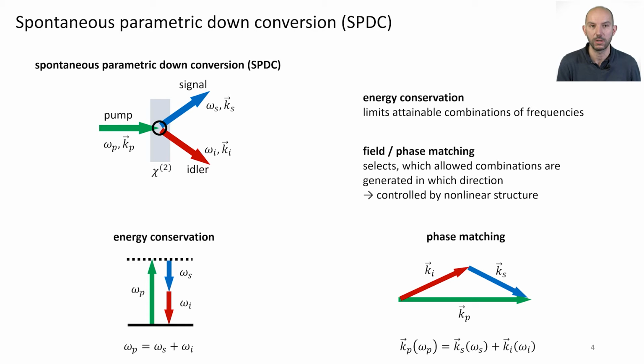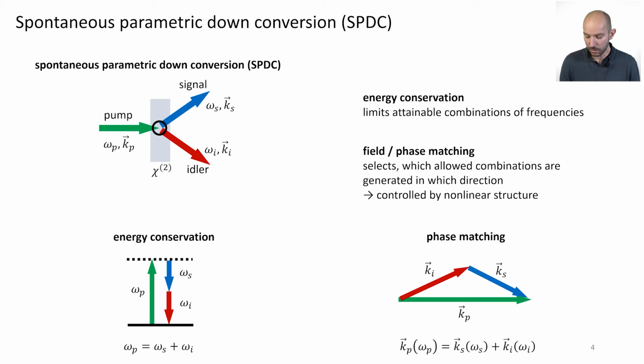Energy conservation always has to be fulfilled strictly, at least in all realistic systems that we look at, whereas the phase matching condition has to be fulfilled to reach maximum efficiency. If we have a phase mismatch, so the sum of the signal and idler wave vectors is not exactly the wave vector of the pump, we can still generate photon pairs, but with a smaller efficiency.